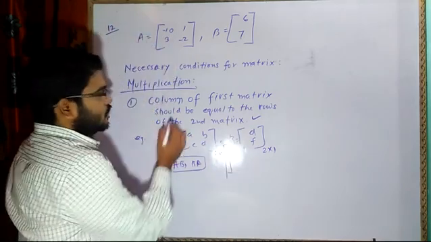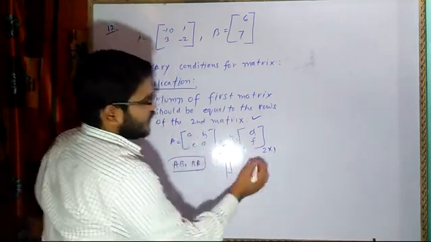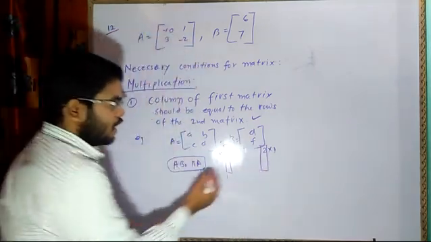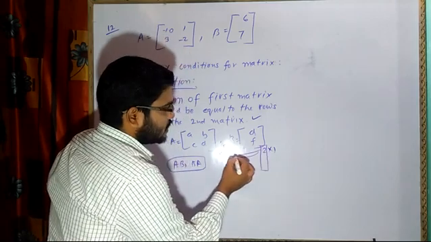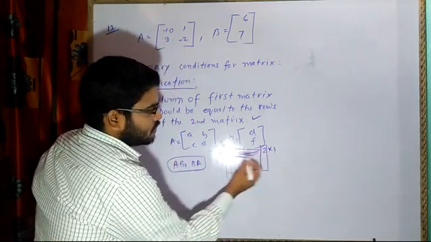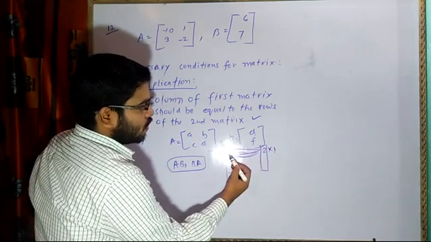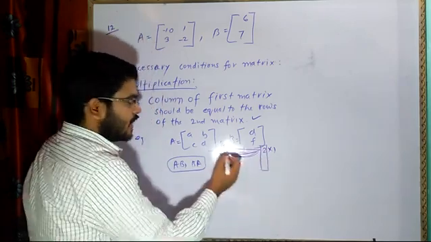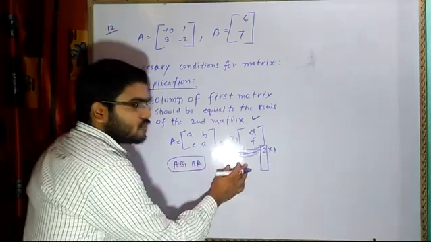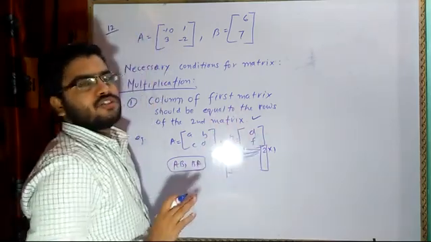Now the sentence says column of the first matrix should be equal to the rows of the second matrix. If these two interior numbers are equal, then matrix multiplication is possible. If not, then multiplication is not possible.